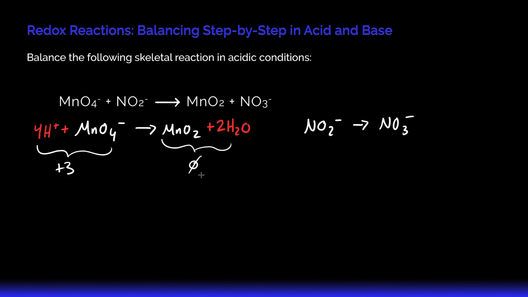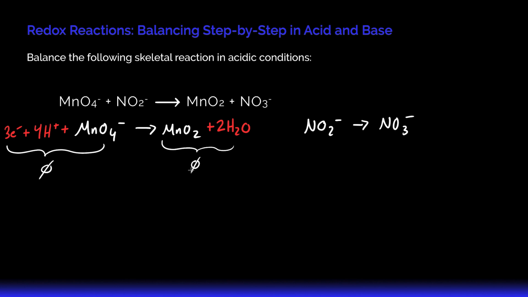And the only thing that we can do in order to balance the charge in chemistry is we're going to add electrons here. And so in order to make this 3 equal to the 0, I need to also add 3 electrons to the left side of the equation. So now if I look at the charge, I see that I'm completely neutral on the left and completely neutral on the right. So now this half reaction is completely balanced.